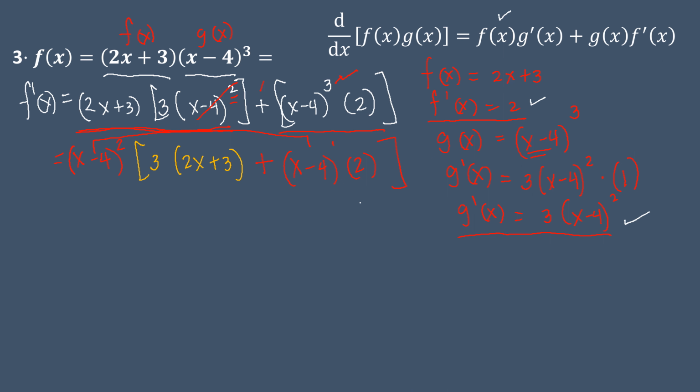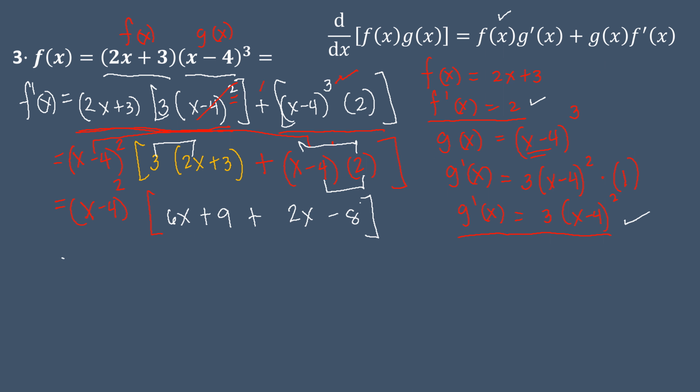So how do we get the next step? We just simply copy the x minus 4 to the power of 2, and then we can simplify the inner expression. We multiply the 3 here, which will be 6x plus 9, and a plus 2 times x is 2x, and 2 times negative 4 is negative 8.